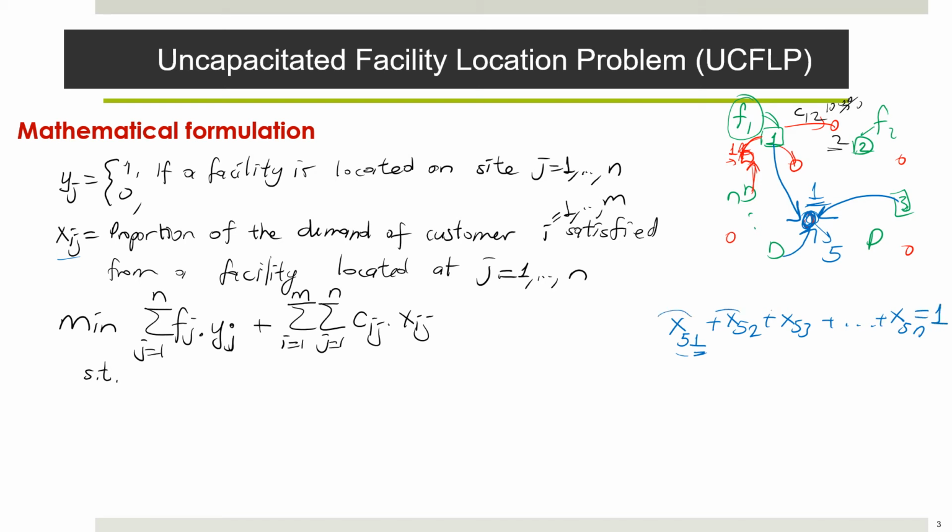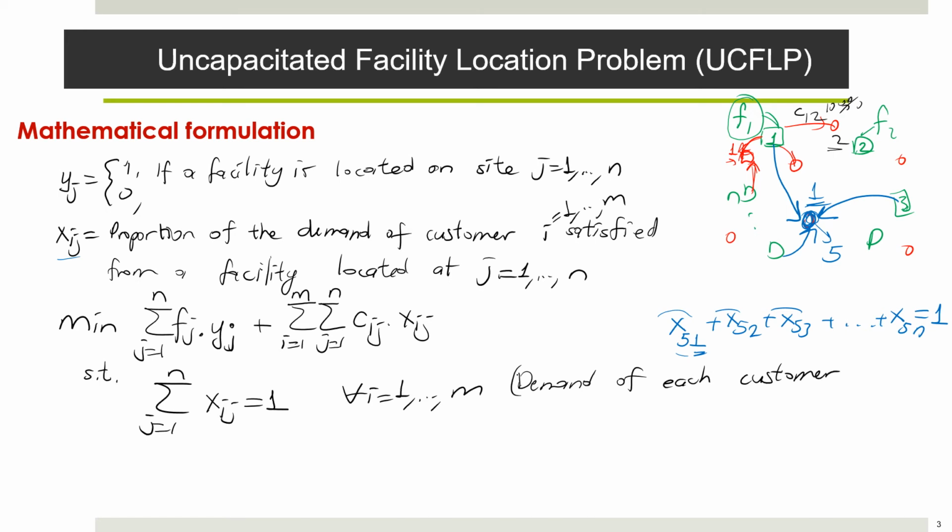Remember, these are proportions, and they will take values between 0 and 1, and their summation should be equal to 1. So in compact form, it should be the summation over all alternative facility locations of Xij equal to 1, and this is for all i going from 1 up to m. So the demand of each customer must be satisfied.